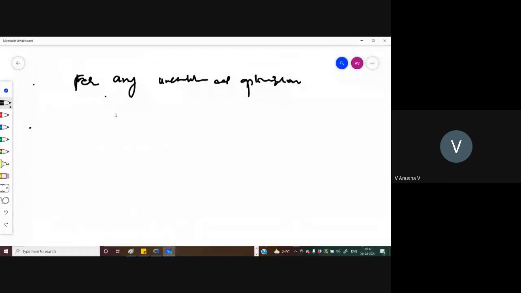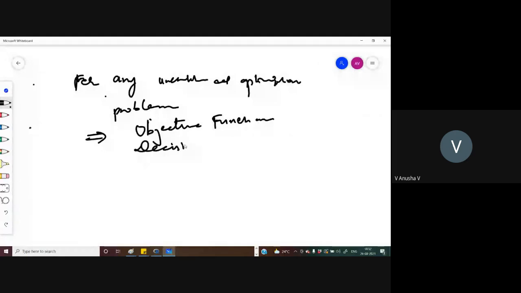any optimization problem will be consisting of these components: objective function, decision variables, minimization problem, and constraints.